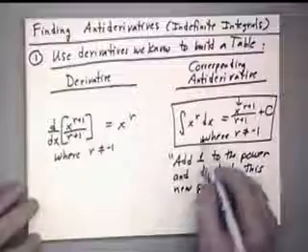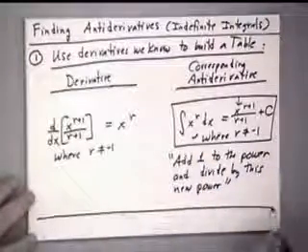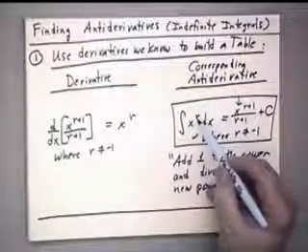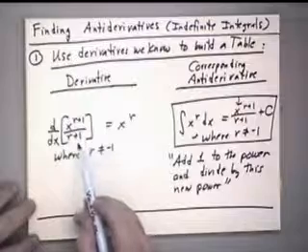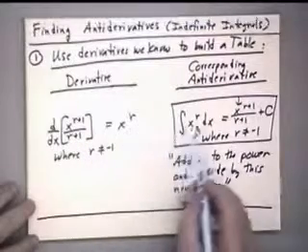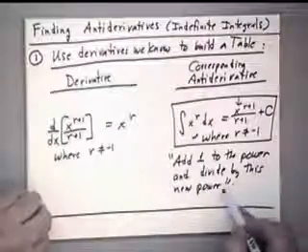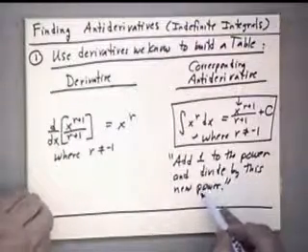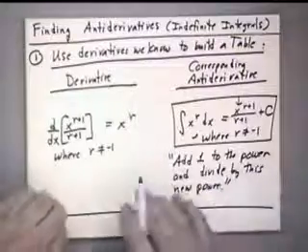And this, of course, always happens where r is not equal to minus 1. So there we have it. We asked a question about an antiderivative, and we used our knowledge of derivatives to find out what function ought to be here to give you x to the r. So you can see that these are undoing each other. And then the notion of having a verbalization for some of these rules is very, very useful. Add 1 to the power and divide by the new power is one that you probably want to have.